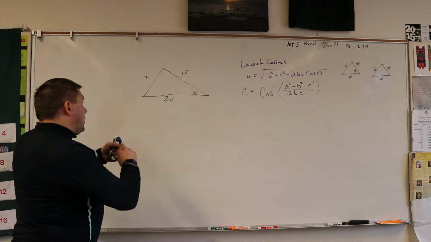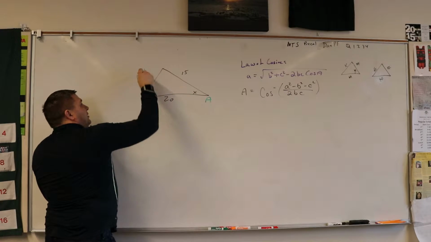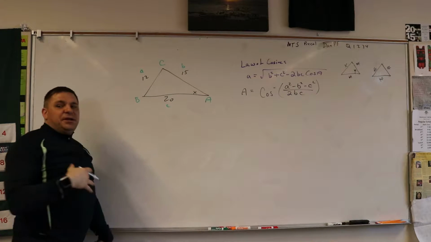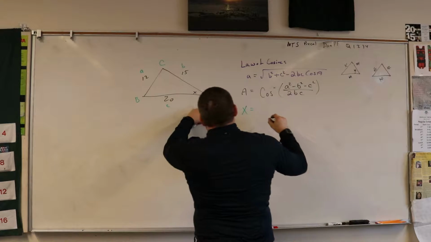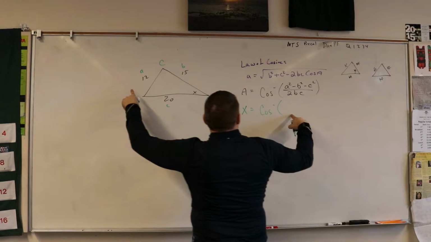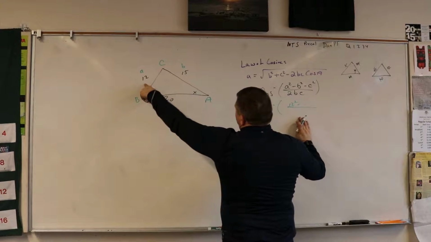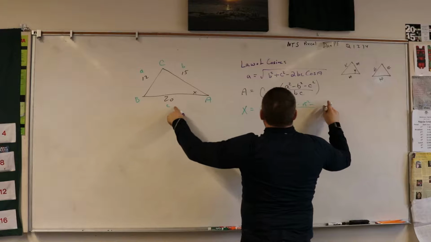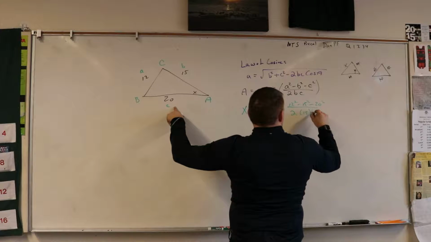So we can call this angle A. Then this would be little a, and then B, little b, C, and little c. And you just plug it in. So X is equal to the cosine inverse of A, 12 squared, minus B, 15 squared, minus C, 20 squared, all over 2 times 15 times 20.